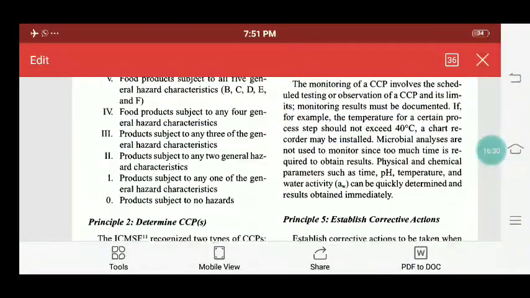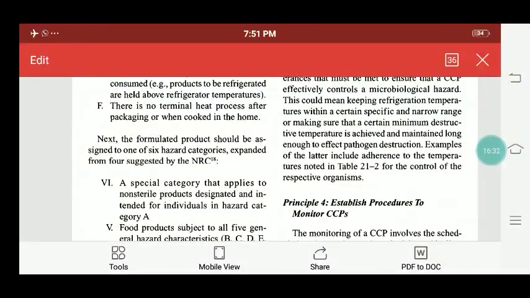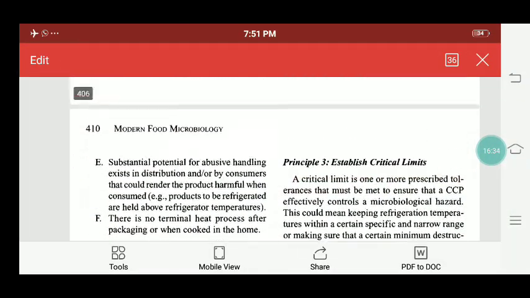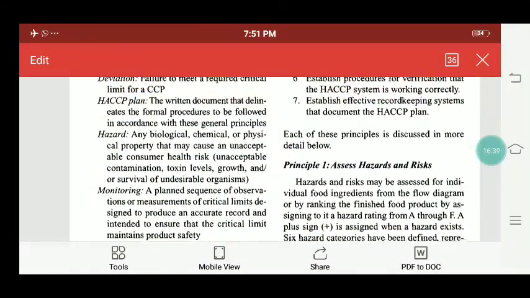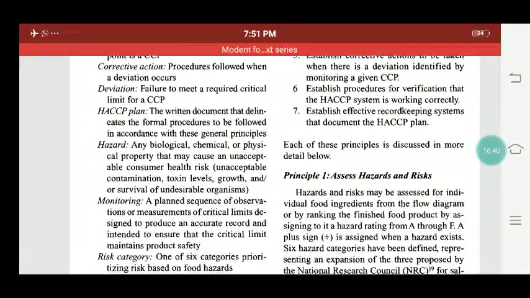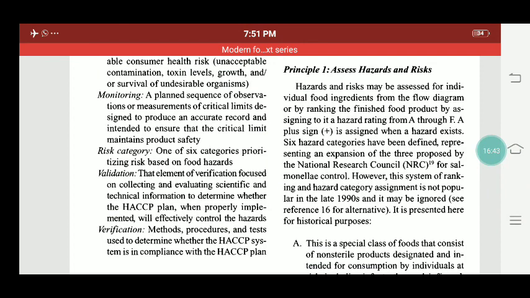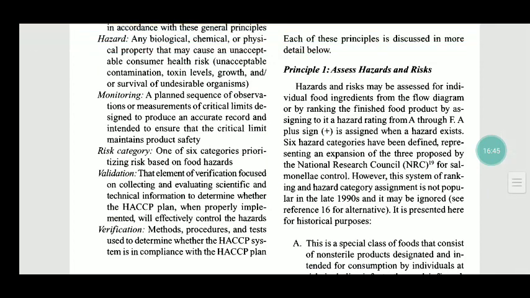I hope you know all the principles properly. Okay, so in the next video we will go through the HACCP principles' application, and here we learn the 7 principles of the HACCP plan. Okay, thank you so much.